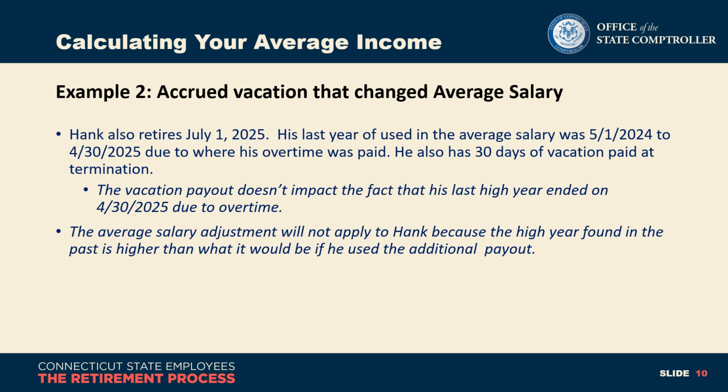Because he's retiring July 1st, the vacation time would be used to extend his service from June 30th forward by an additional 30 days. However, since we've already established that he has a higher year earlier in his career, which ended April 30th, adding this vacation time to go beyond June 30th wouldn't change the highest dates of calculation already established for his average salary. Therefore, Hank's average salary would not increase.